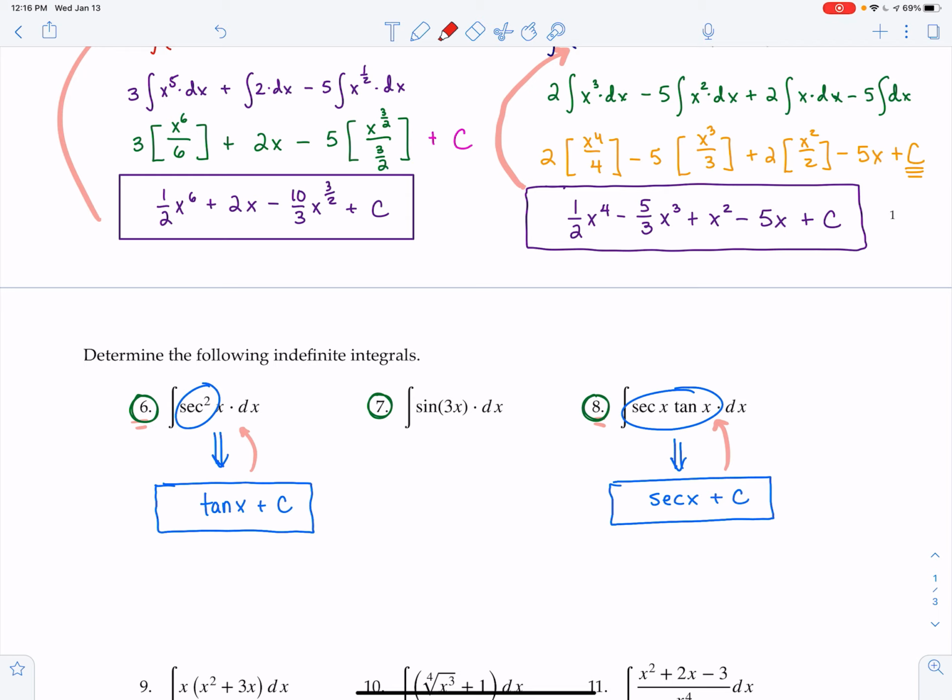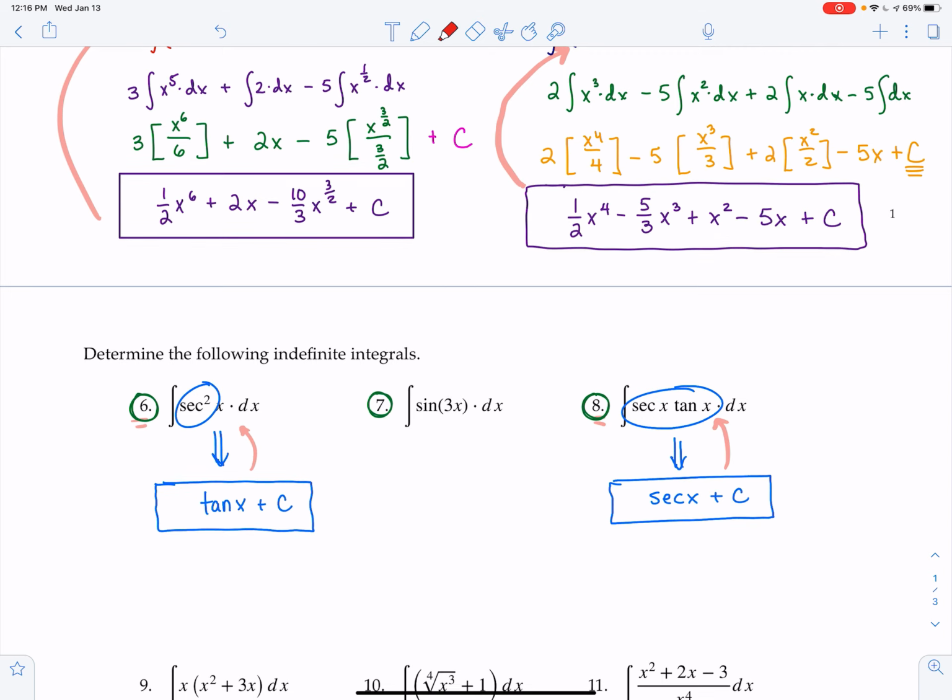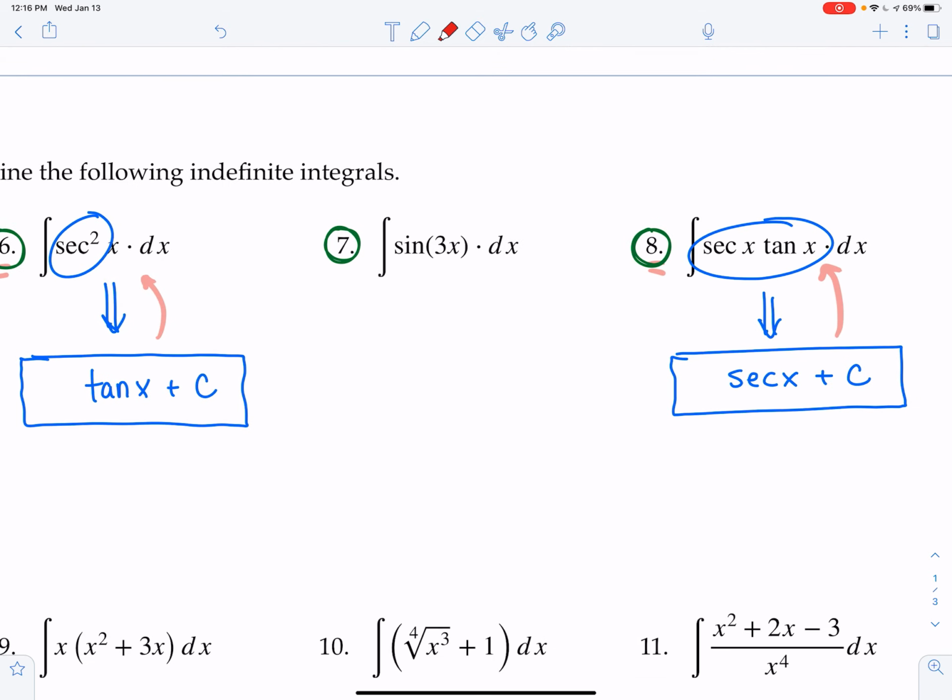Now the difference with number 7 is that we've got some chain rule action going on. We need to first think, okay, what function, when we take its derivative, gives us sine? And I'm going to show you the way that I kind of work these problems, even as someone who's been doing calculus for a number of years now.